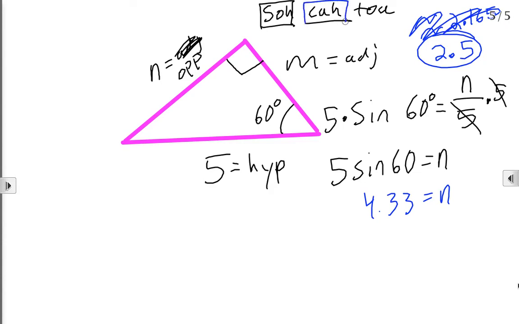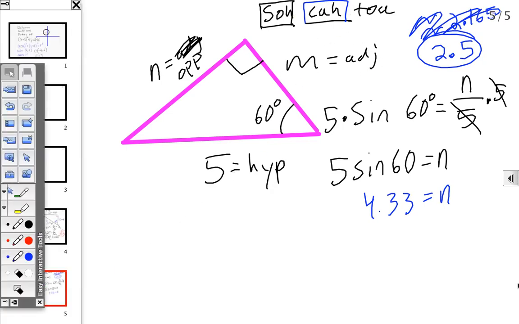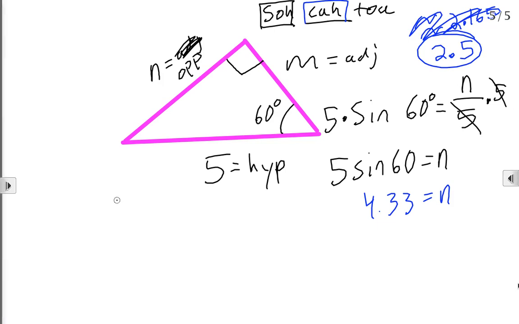So this time we're going to be using cosine, because we know the hypotenuse, and we want the adjacent. So that makes CAH a good choice. So let's go ahead and write that out. The cosine of 60 degrees is equal to the adjacent, which we do not know, over the hypotenuse, which we do know is 5. And we're just going to solve this equation. Get rid of divide by 5 with multiplication.